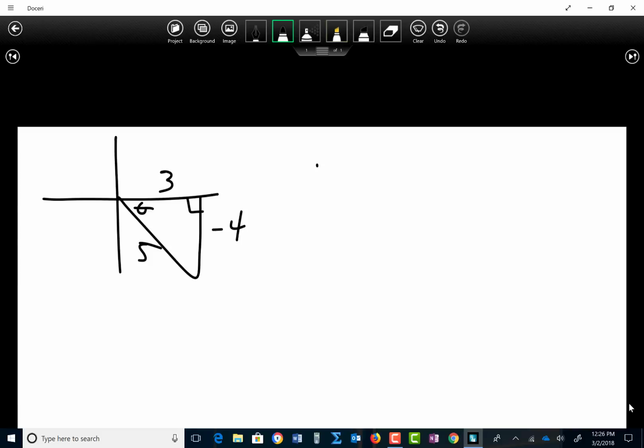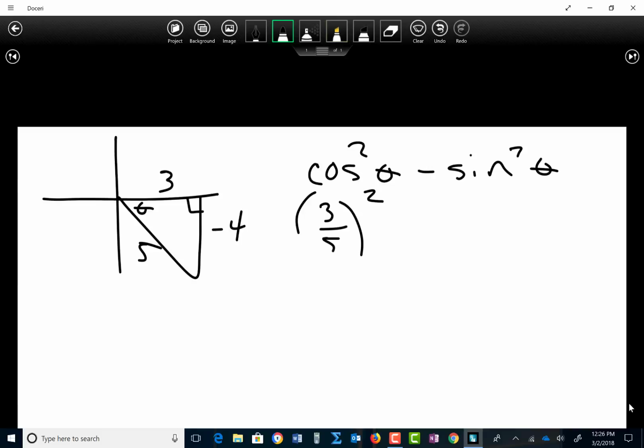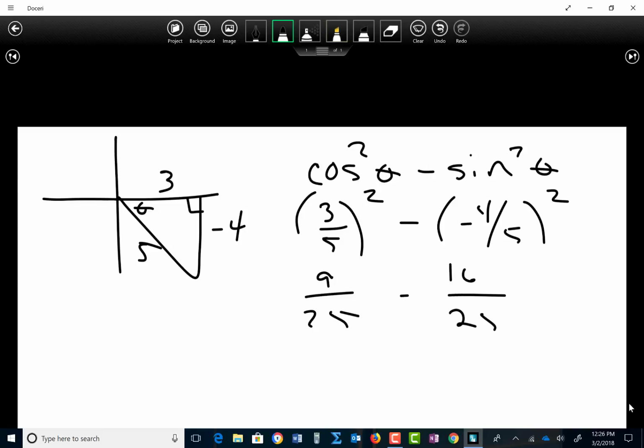Cosine, the formula for that is cosine squared minus sine squared. Cosine is 3/5, so we're doing 3/5 squared minus 4/5 squared. 3/5 squared is 9/25. Negative 4/5 squared is 16/25. 9 minus 16 is minus 7 over 25. So that's the answer to that one.